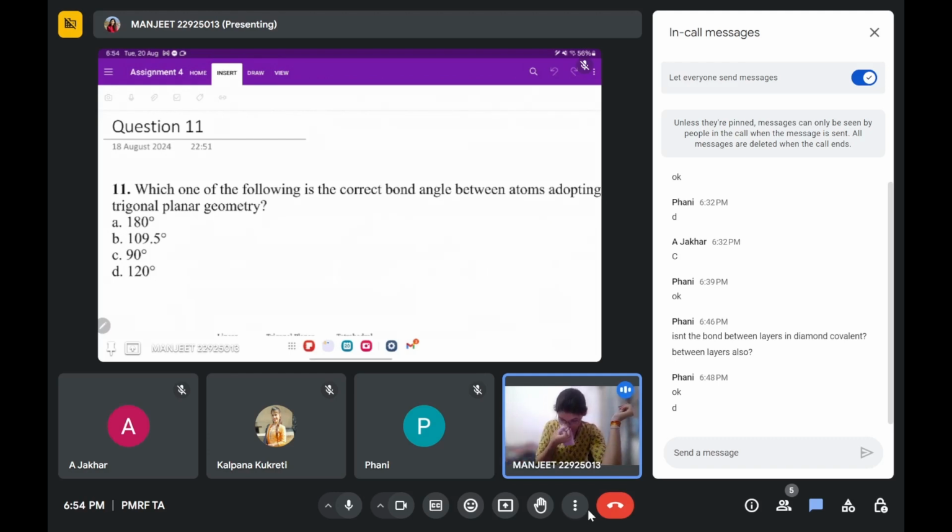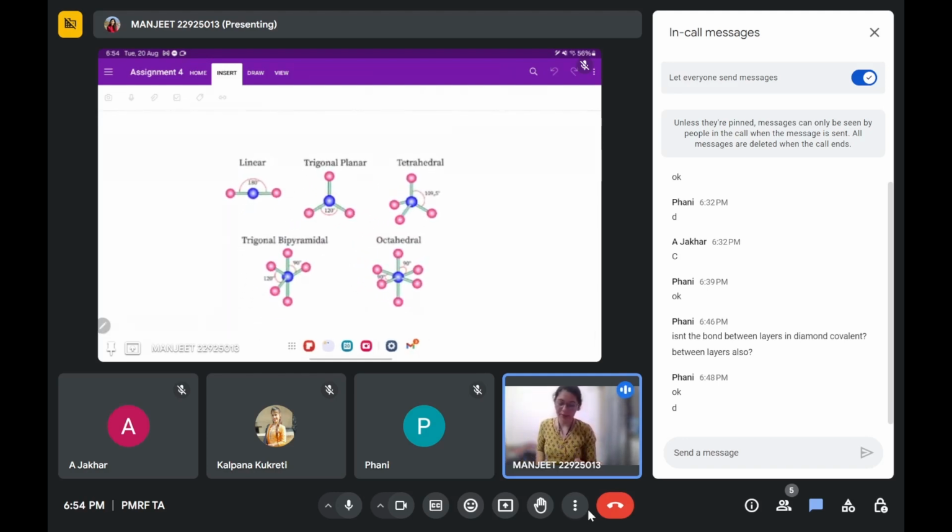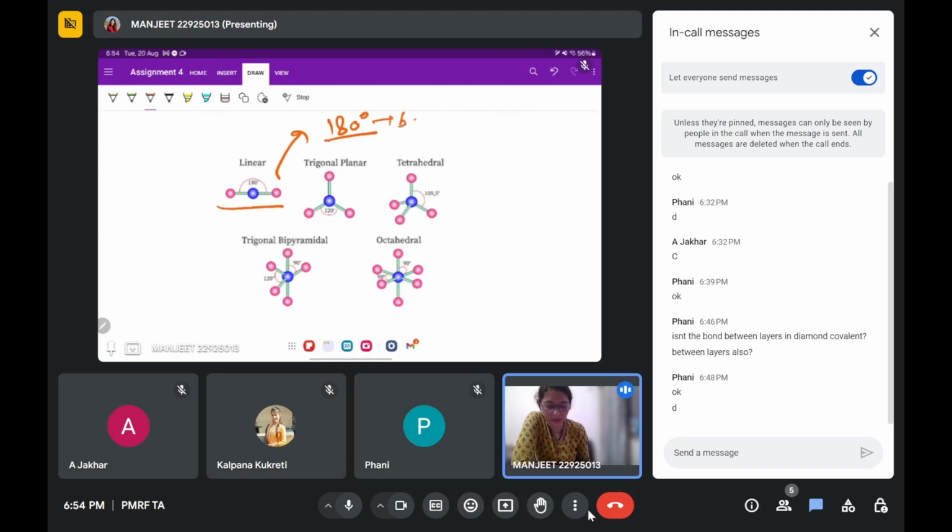So now you have to tell me the correct bond angle between the atoms adopting these kinds of geometry. If you see from here, linear, they have the 180-degree bond angle.